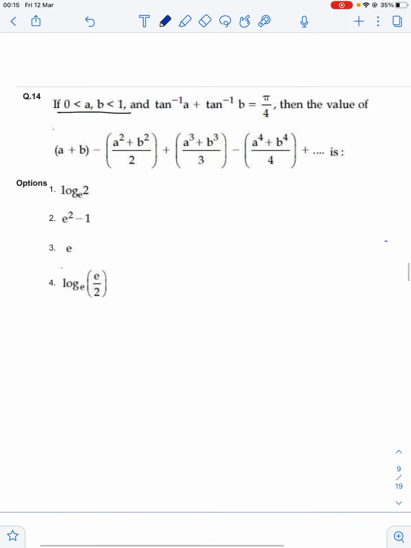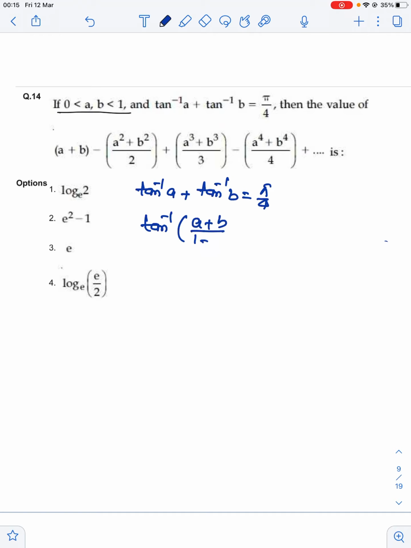Question number 14 is a good question, but still a straightforward, easy question if you go point to point. Now the first condition they have given is that tan inverse A plus tan inverse B is equal to pi by 4. So if I apply the formula over here, tan inverse A plus tan inverse B is equal to tan inverse of A plus B upon 1 minus AB, which is equal to pi by 4.